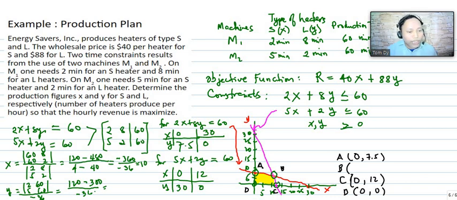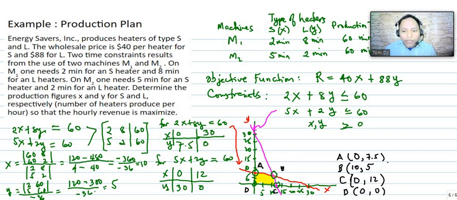We will compute this using a calculator: 120 minus 300 is negative 180, divided by negative 36. So it is equivalent to 5. Which means our x is 10 and y is 5 for this intersection. So our B is x equals 10 and y equals 5.